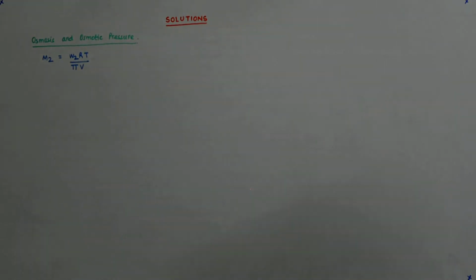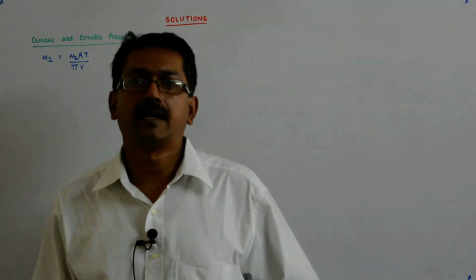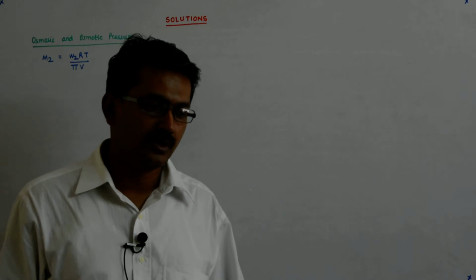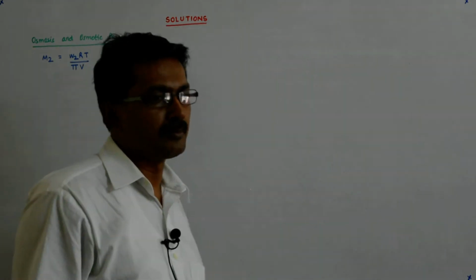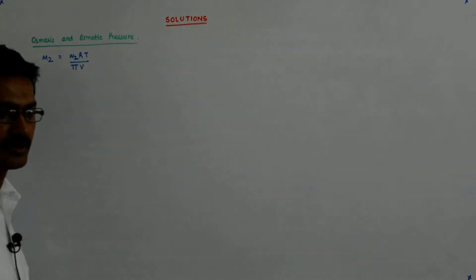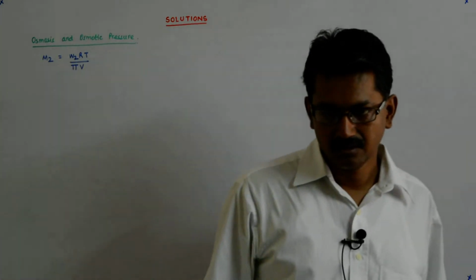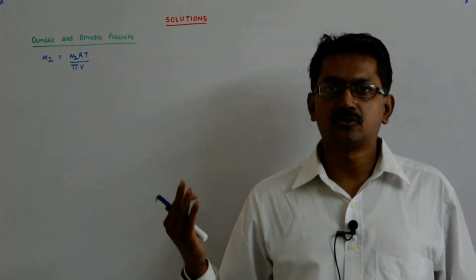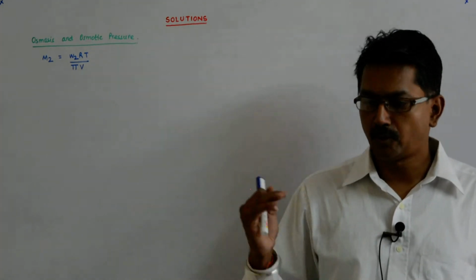Now, like so many other processes, we saw that this method is also capable of finding out the molecular mass of the solute. Now, what advantages does this have over the earlier discussed methods? One of the methods was elevation in the boiling point.